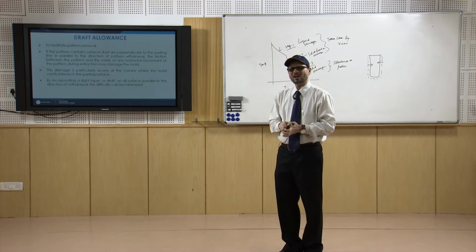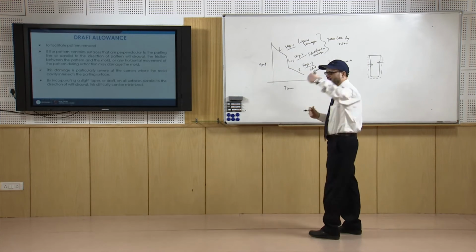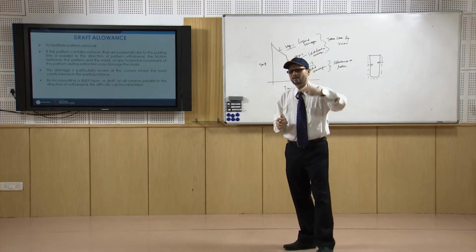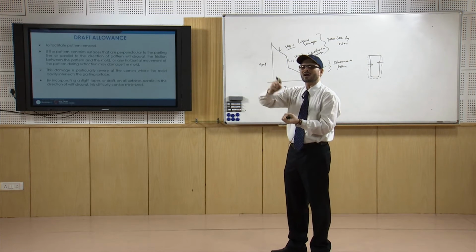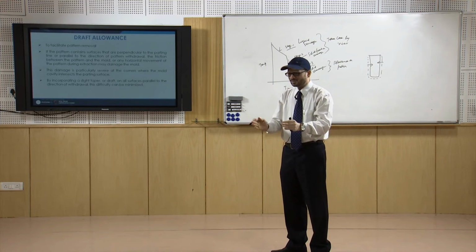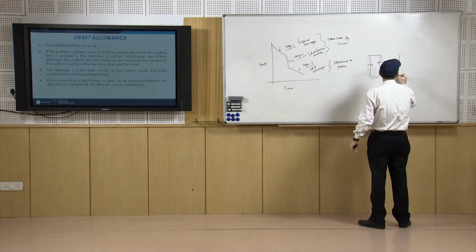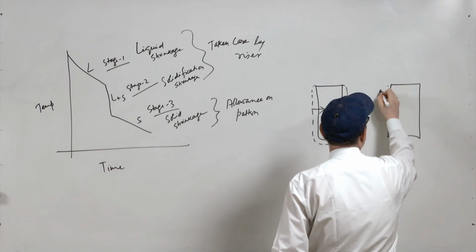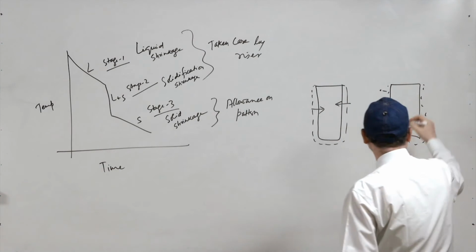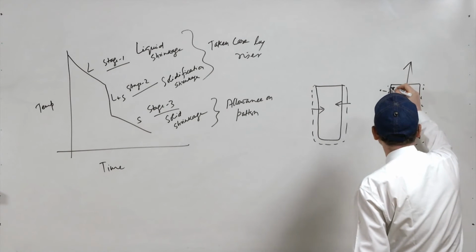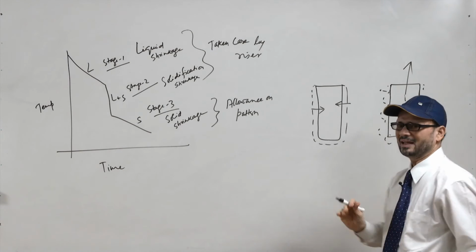Then the next type of allowance is draft allowance. This draft allowance is provided on the vertical surfaces. We need to provide a certain allowance, so that when we have to take it out, the vertical surfaces, which are in contact with the mold, come out easily. When you have a pattern like this in contact with the molding material, and we take it out, there is friction on these surfaces, and on the corners there is a chance of damage.